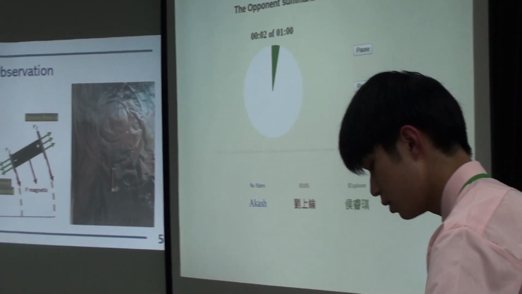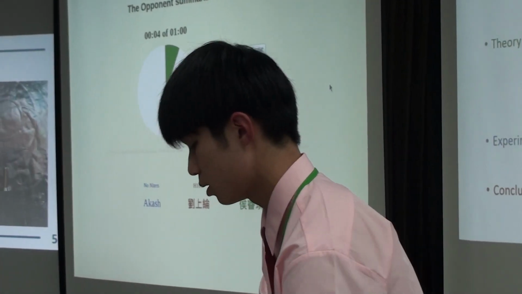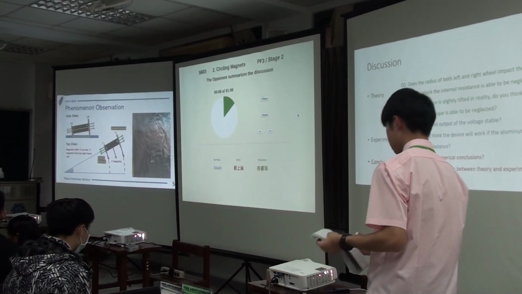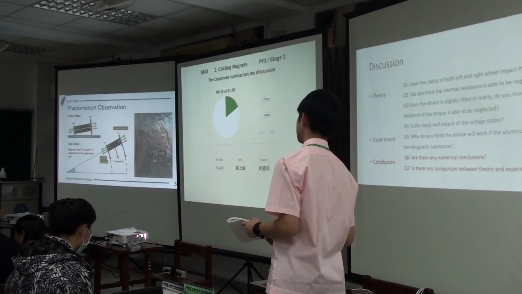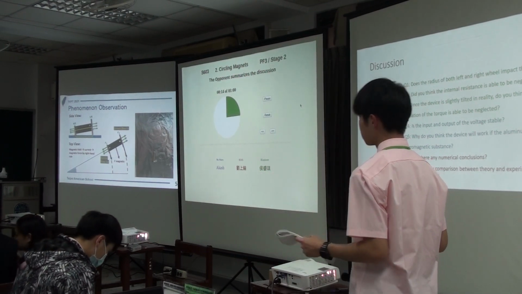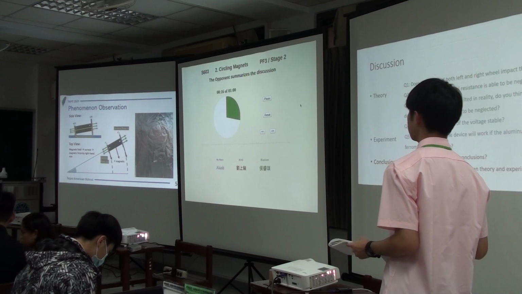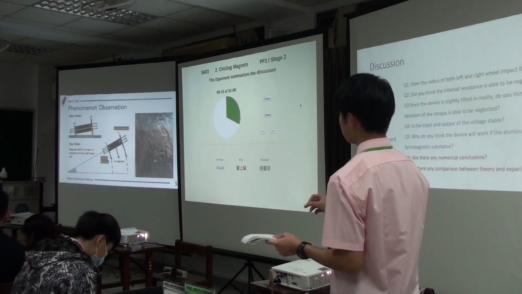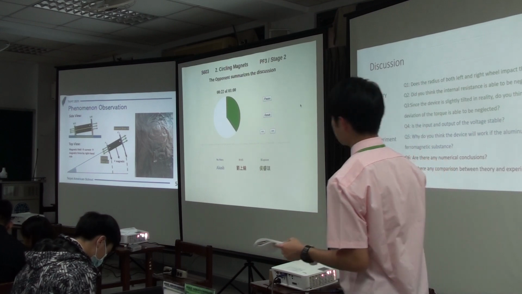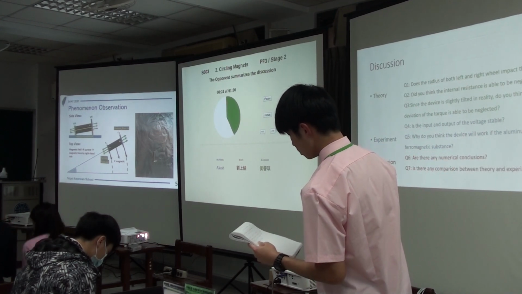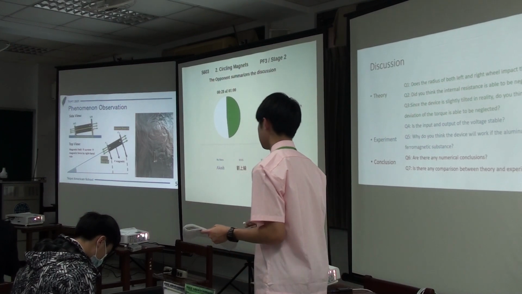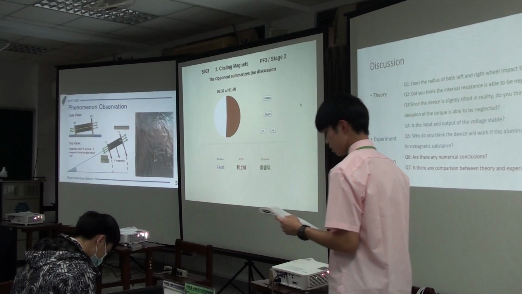In the discussion part, I know that they didn't consider the resistance of the electricity in the battery, and they do consider the thickness of the left wheel and the right wheel magnet, and they do analyze the deviation between the data.